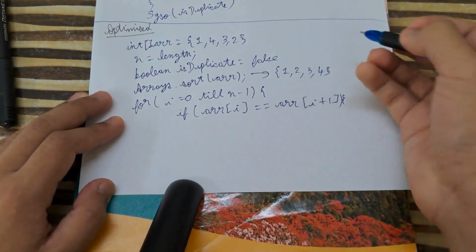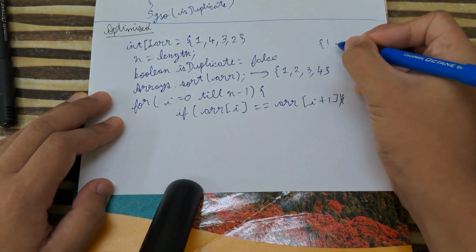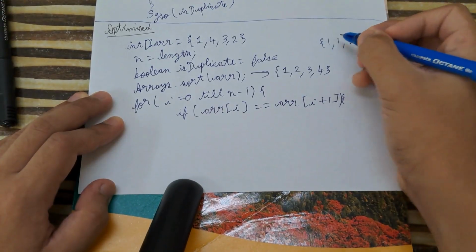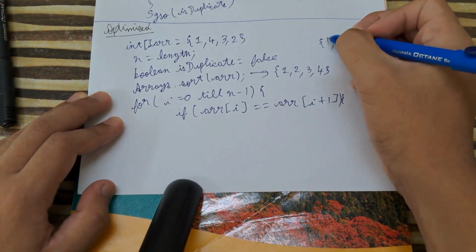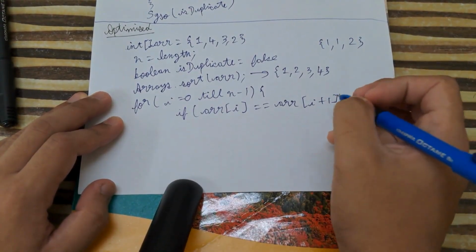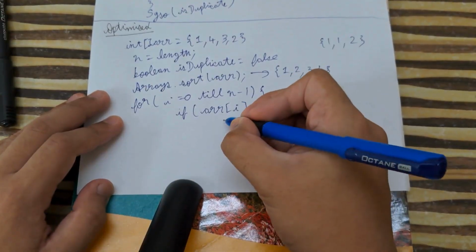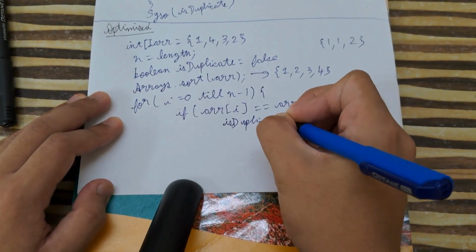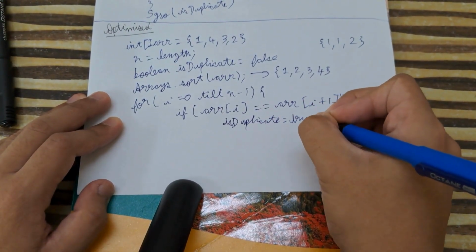Imagine if the array had the elements 1 1 2, then array i would be 1, then it would check array i plus 1, which is also 1. This is possible only because the array is currently sorted. That's why it would set isDuplicate equals true.